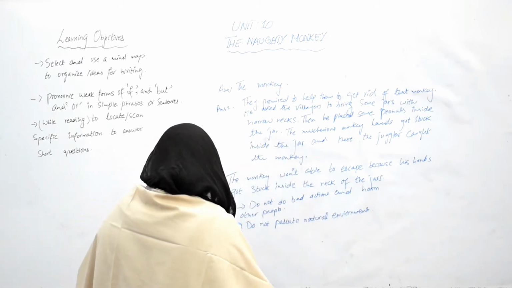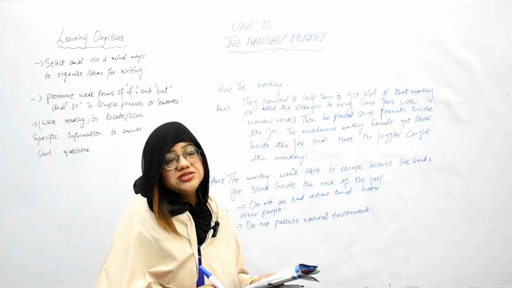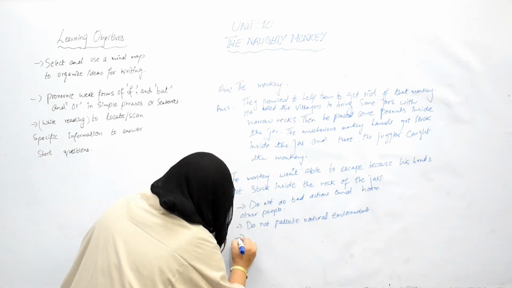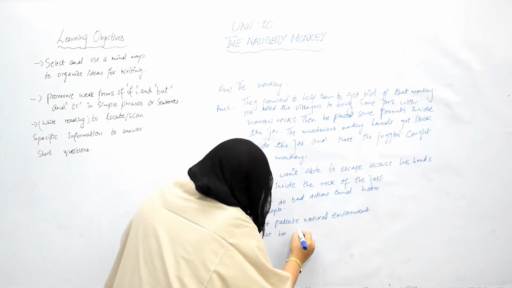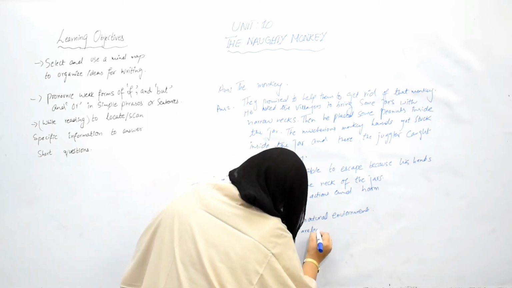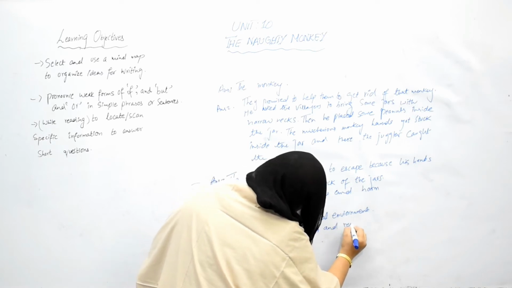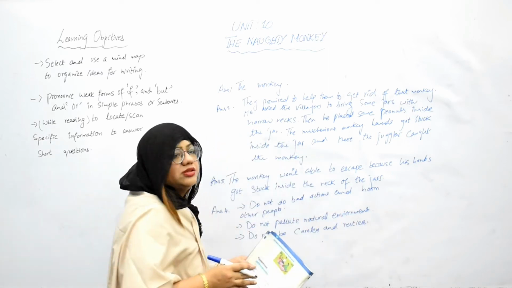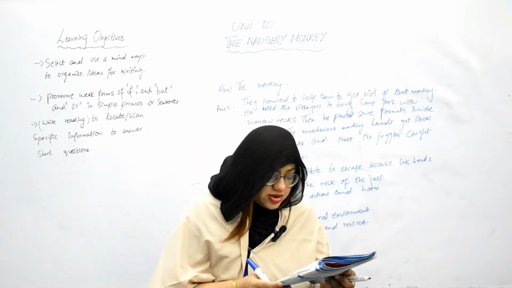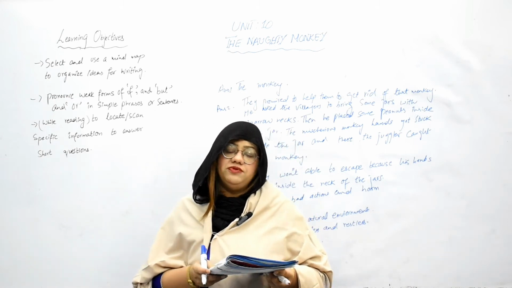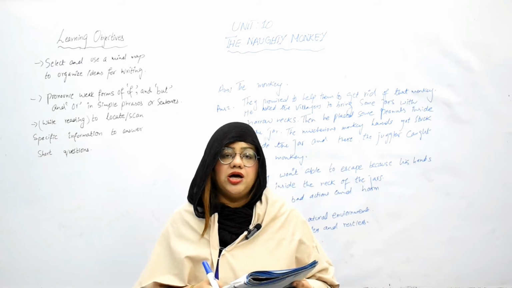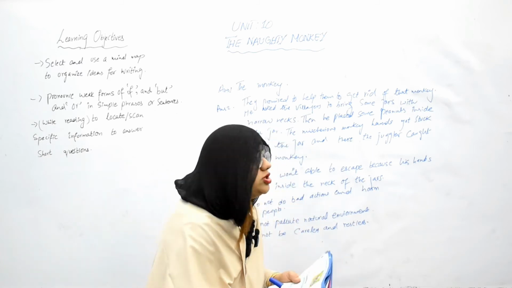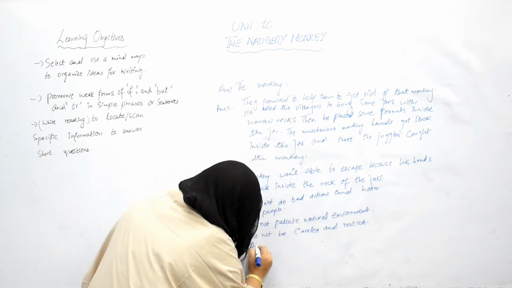Number three is do not be so careless and restless. And to apologize is very important. Apologize for your mistakes. Whenever you do something wrong, please apologize for your mistakes.